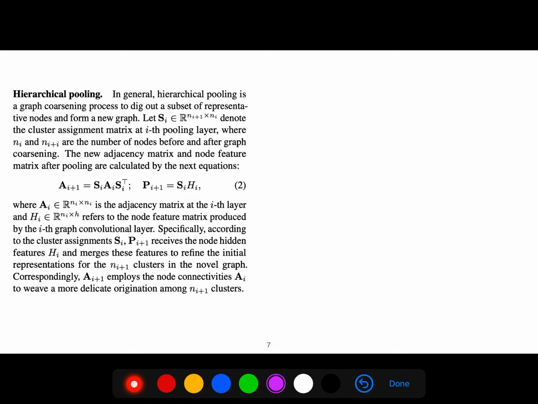Let S sub i denote the cluster assignment matrix at the i-th pooling layer, where n sub i and n sub i plus 1 are the number of nodes before and after graph coarsening. The new adjacency matrix and node feature matrix after pooling are calculated by the next equations.